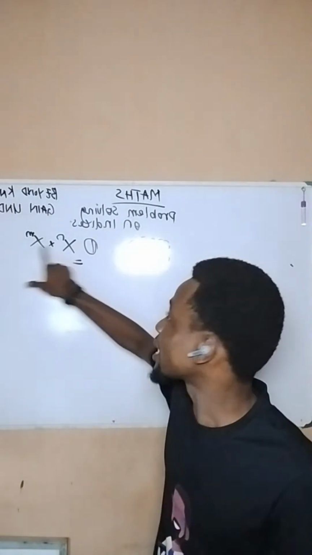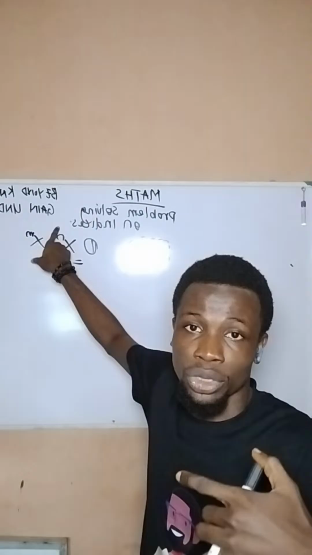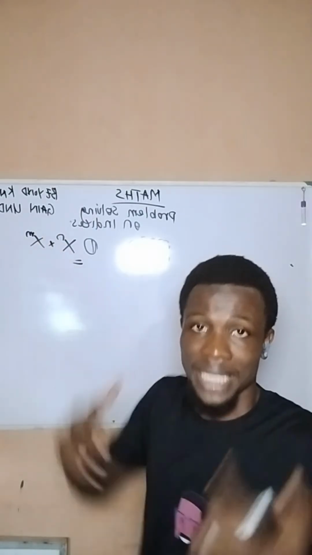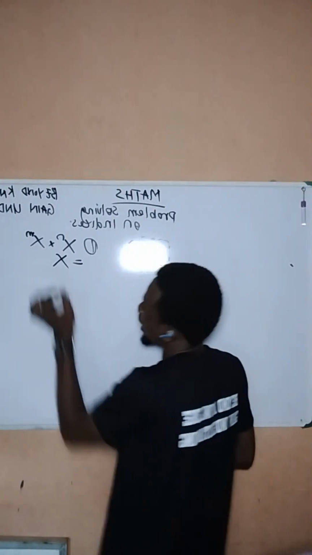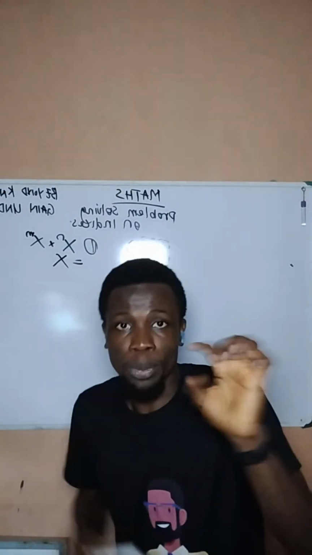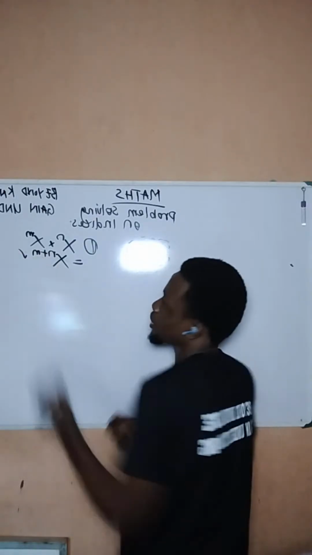What you see here, x and x, you pick one of them because this x serves as the base, and what is on top for each of them, m and n, serve as their power. So you pick one of the base, which is x, and then you add up or sum up their power. So it's going to be n plus m.